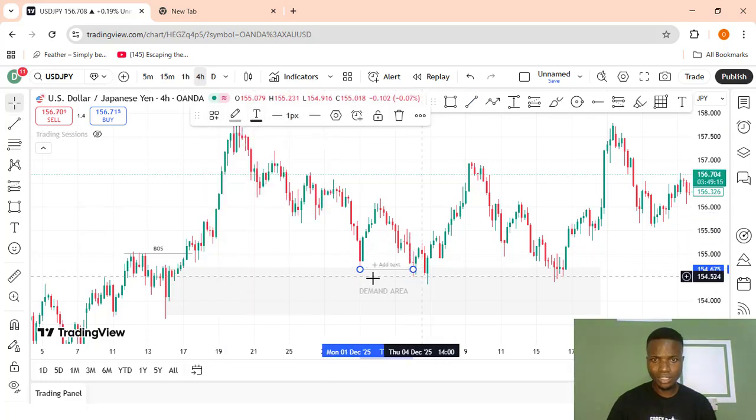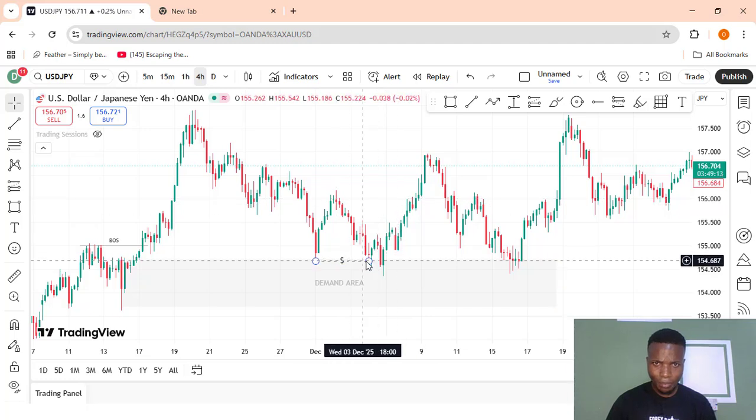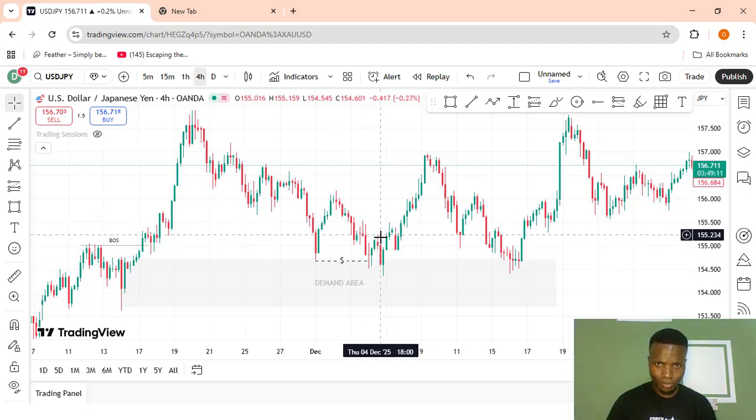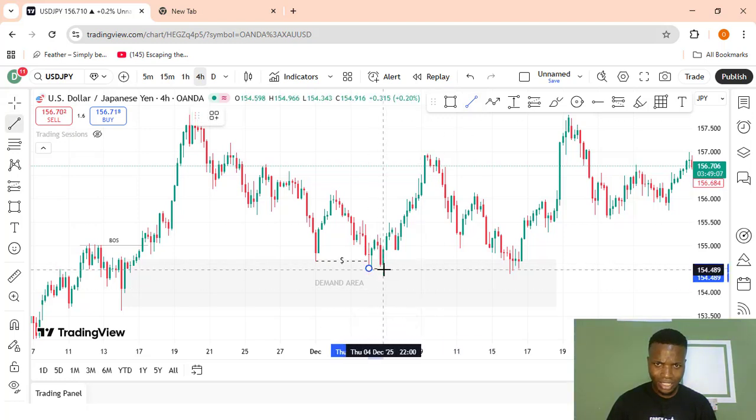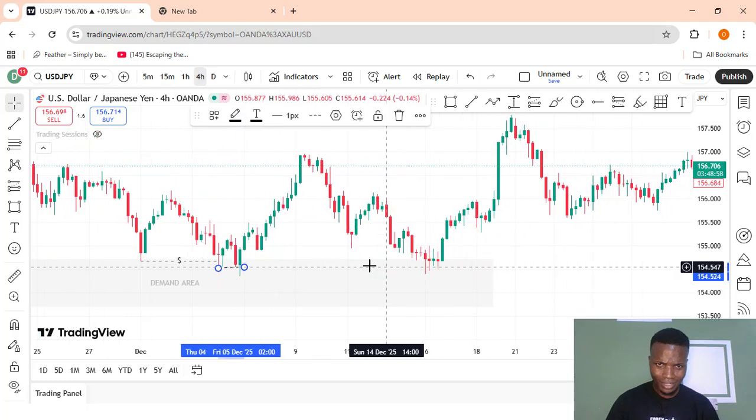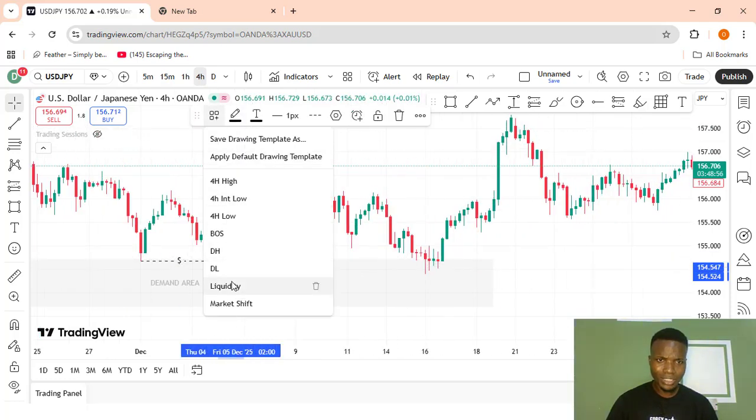When price got right there, it pushed up a little bit and swept this liquidity again. You can see it swept this liquidity again.